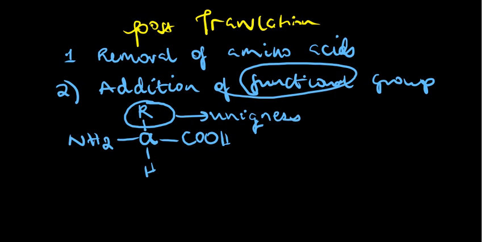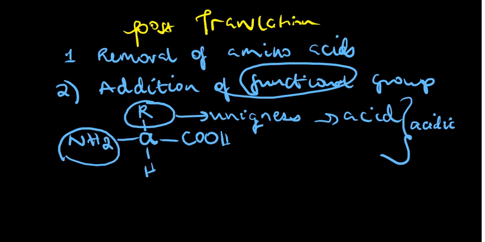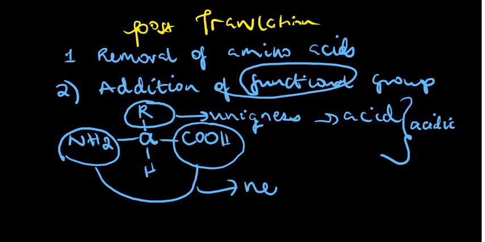So if you add an acid here, it means overall this amino acid is going to be acidic. Because this amino group and the carboxylic group, when they are together, when you mix an acid and a base, they will form something neutral.